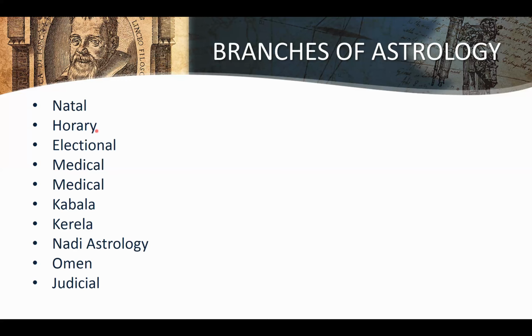Horary astrology, again, is a very accurate, perfect, and most useful method of astrology. This method is more useful in the sense that if somebody does not know his date of birth or exact time of birth, he can get the accurate prediction by the horary chart, that is also called the time chart.